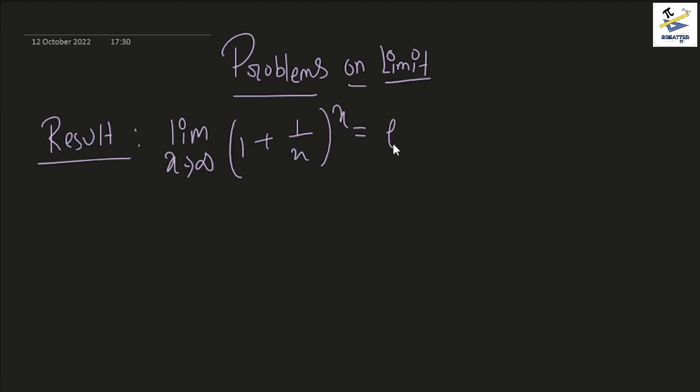Basically, this can also be rewritten in the form: the limit as x tends to 0 of (1 plus x) to the power 1 by x is also equal to e. So both of these limits are equivalent, and we would try to use this result in a few cases. So let us see how to actually achieve that.